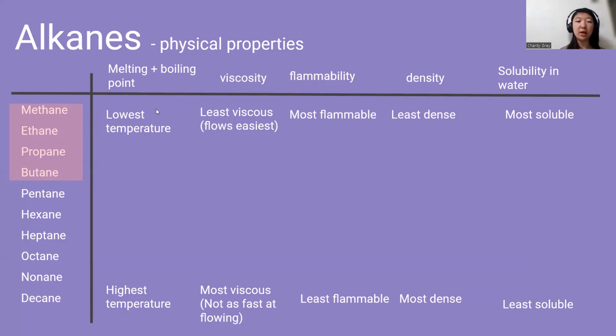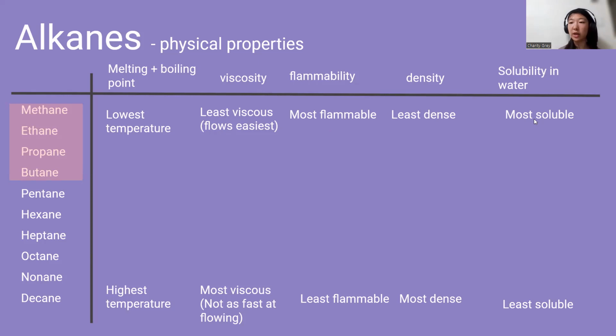So they become liquid a lot easier because they can move around faster. They become gas a lot easier. Also the same logic. They're smaller, they can move around faster. Viscosity, can it flow down? Does it splash? Yeah, it's a lot faster to move around. Same logic. Flammability, they're the most flammable. Density, they're the least dense. That makes sense, right? They're the smallest, they'll float. And soluble, they're the most soluble in water.